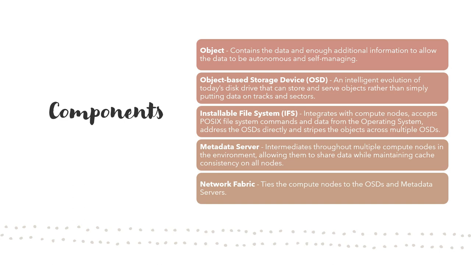All those commands it can accept from the OS and address the OSD directly. So we need an installable file system to create object-based data storage, because it will be responsible for taking the commands from the operating system and giving them to the OSD, which can now go to the actual storage and fetch the objects.